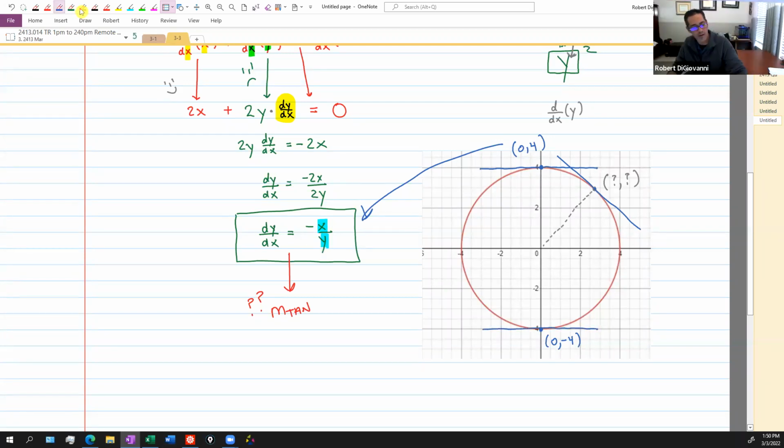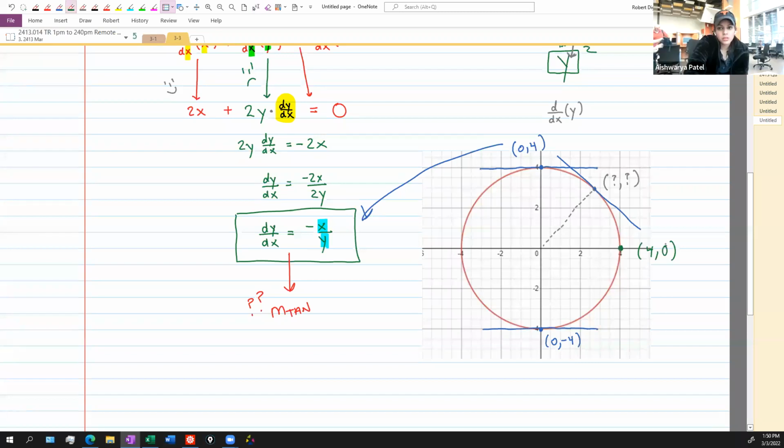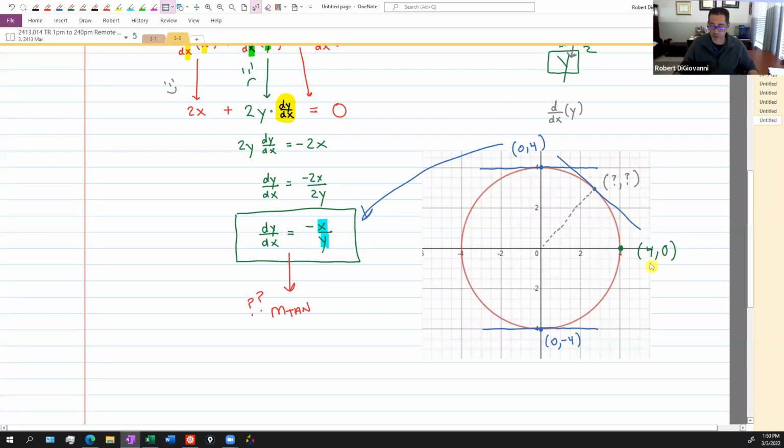Here's a cool one. What about this point? What's that point right there? What's the X and Y coordinate? X is 4, the Y is 0, right? What would happen if you try and plug in 4 for X here and 0 for Y? Undefined.